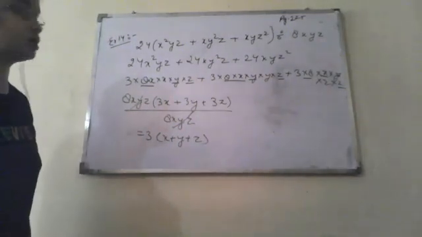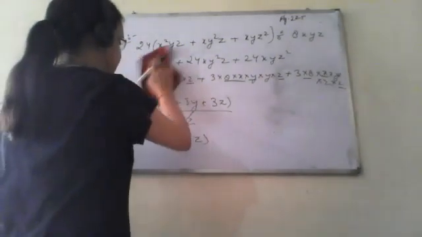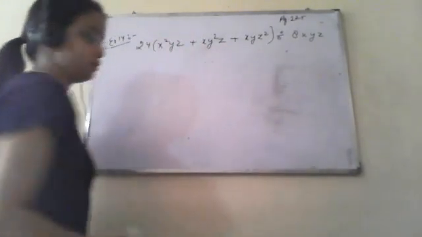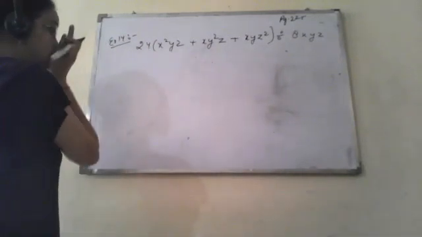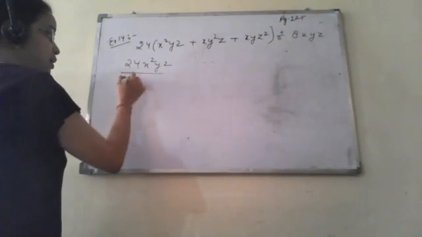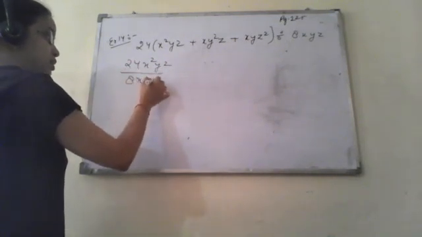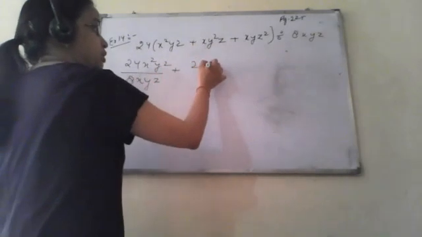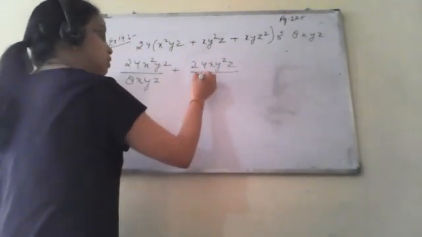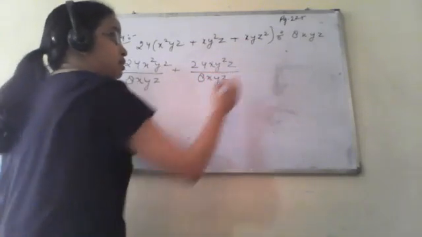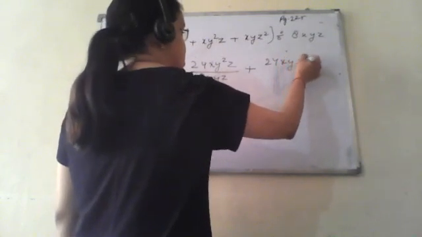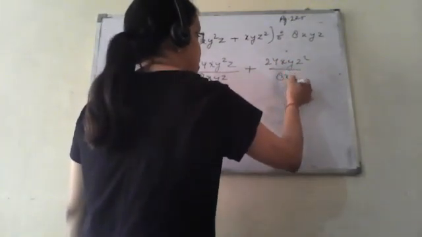Now if we are using another method, that means we are dividing each term by 8 x y z: 24 x square y z upon 8 x y z plus 24 x y square z upon 8 x y z plus 24 x y z square upon 8 x y z.